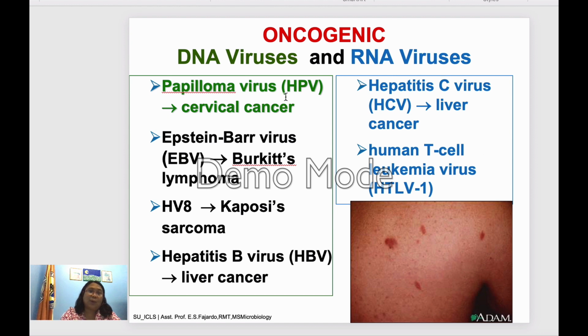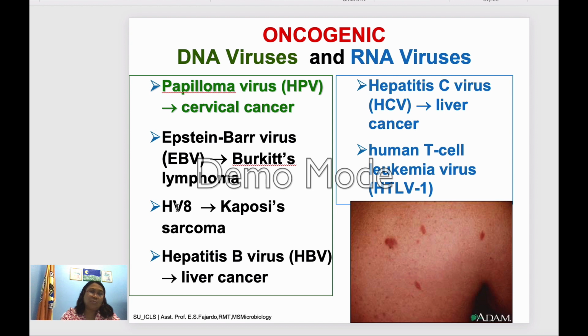And then the one that I mentioned also earlier, the human papilloma virus or HPV, which is known to be one of the causes of cervical cancer, and then EBV or Epstein-Barr virus for lymphoma, Burkitt's lymphoma. And then there's another one that arose after the discovery of HIV. We have the herpes virus.